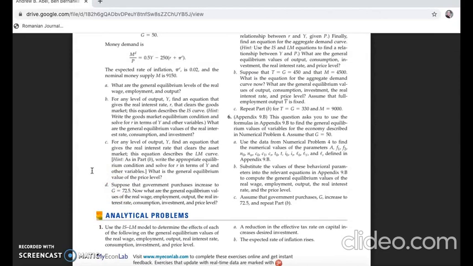So part D, suppose that government purchases increase to G equals 72.5. Now what are the general equilibrium values of the real wage, employment, output, the real interest rate, consumption, investment, and price level?